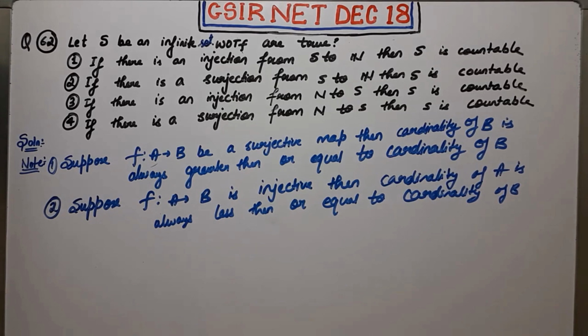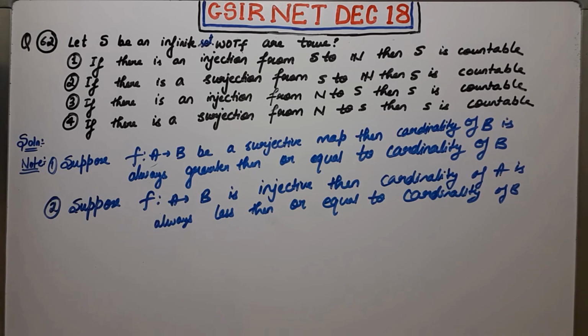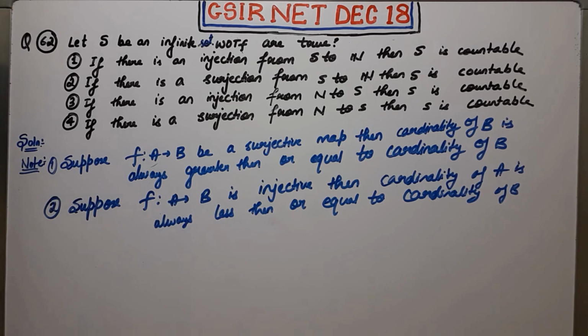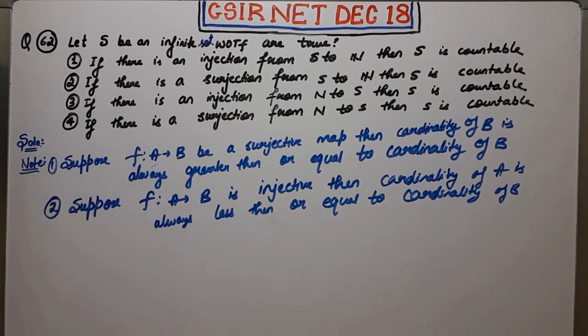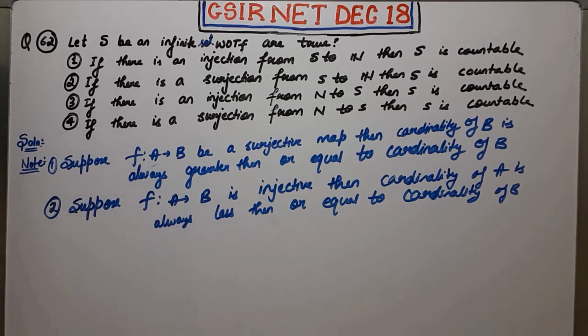Cardinality will not work there, but you can take it for granted that if f from A to B is injective, then the number of elements in A must be less than or equal to the number of elements in B. So A will always have fewer elements than B.